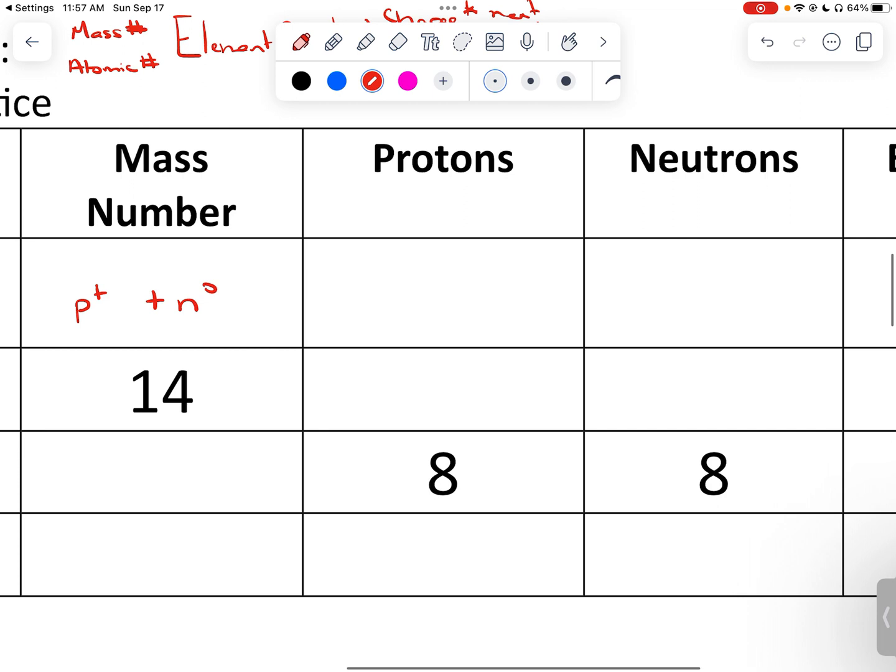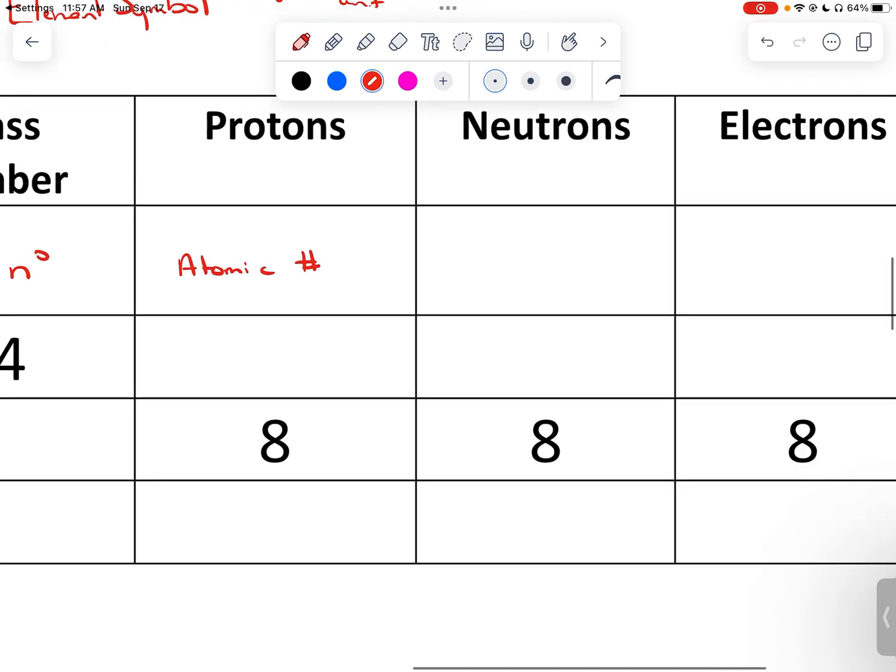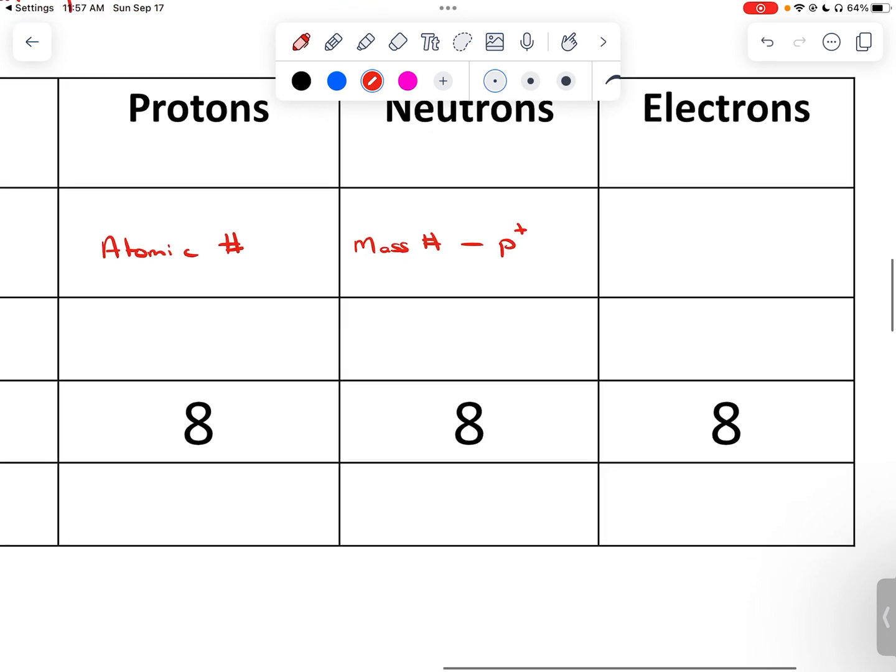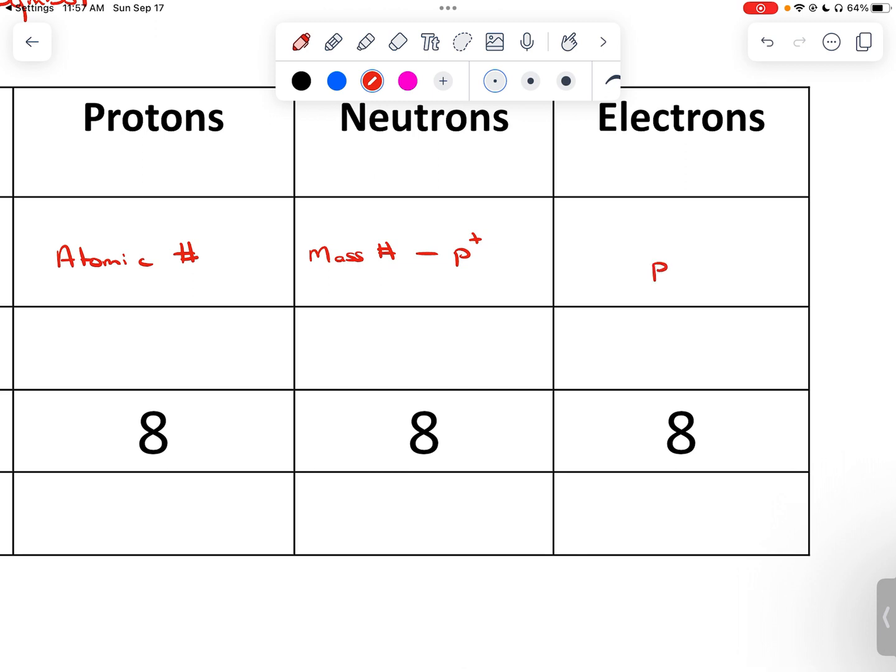Remember, our protons are equal to our atomic number. Our neutrons then are going to be equal to our mass number minus our protons. And last but not least, for right now, our electrons are going to be equal to our protons. Again, this is for right now. Next unit, this will change.